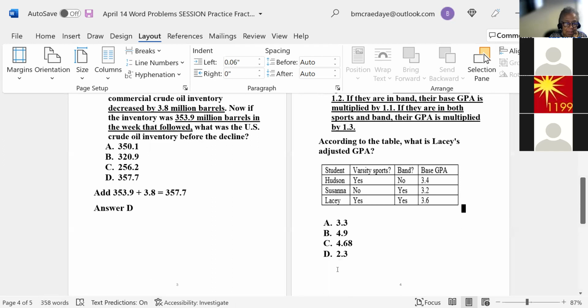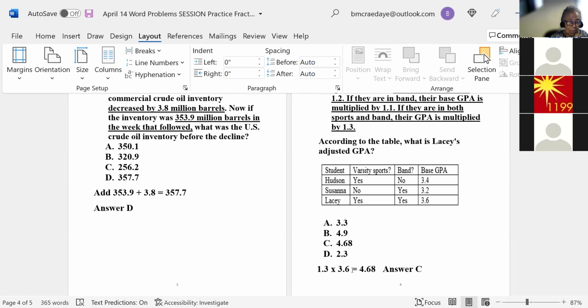What would you multiply, Vanessa? 1.3 multiplied by 3.6, that's right. What does that give you? 4.68. So the answer is C. Maureen, did you get that?